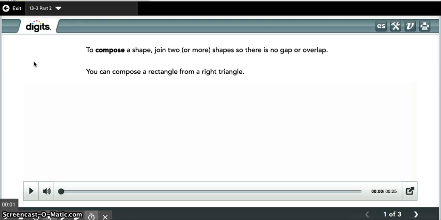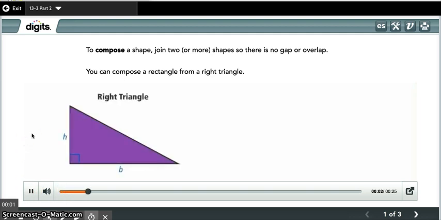You can make any triangle at your house, cut it out, and then make an exact copy of it, and you'll be able to make a rectangle or a square. But either way, you'll be able to make a four-sided shape, and you'll be able to find the area of that shape. And then if you wanted to find the area of the triangle, you would just need to take half of the area of the rectangle. Let's go ahead and watch this video about how we can compose or join two triangles to make a rectangle.